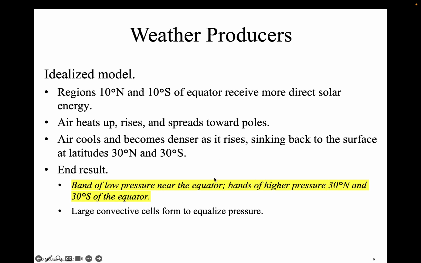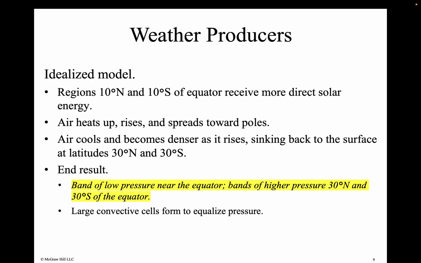And then we are going to have bands or belts of higher pressure around 30 degrees north and 30 degrees south of the equator. And that's because of the falling air that's sinking back in that region, the air that's cooler and denser.